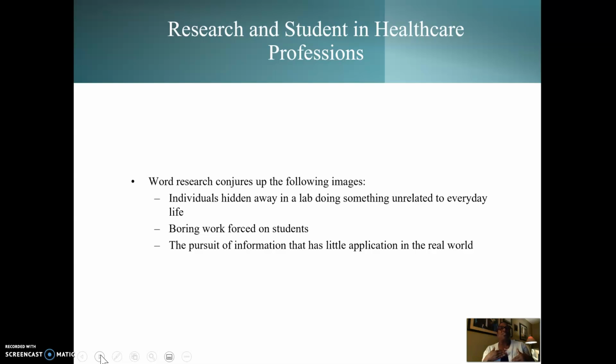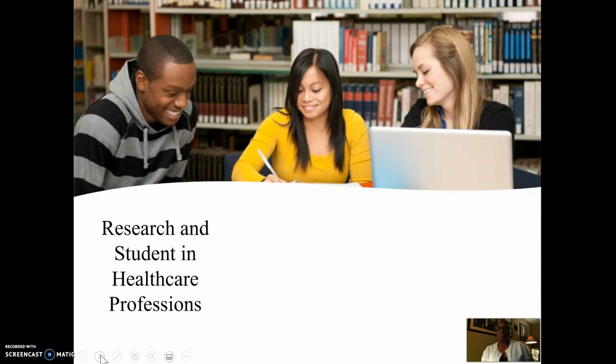That even the pursuit of this information has little application in the real world and what we are actually doing on the floors. And that research is not something a healthcare professional does in clinical practice. And so we're going to prove that to be not really true.